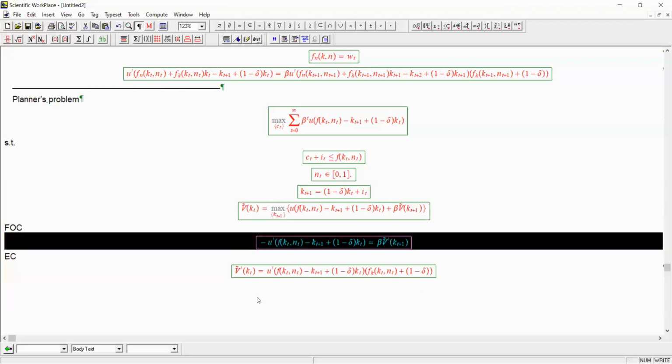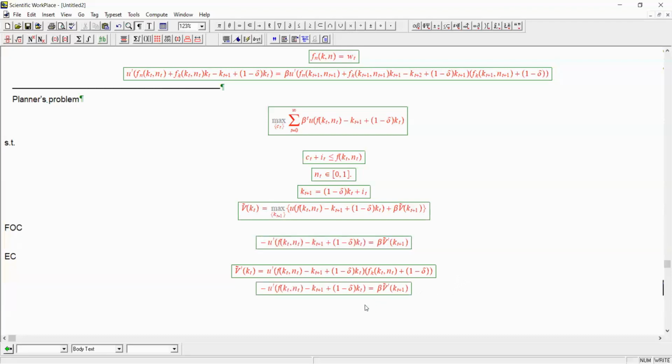We put it all together, and we end up with an equation where, again, we have to go through here carefully to make sure that the dates are correct, because we are putting in not k as we were in the Euler in the envelope condition, but k in the future.